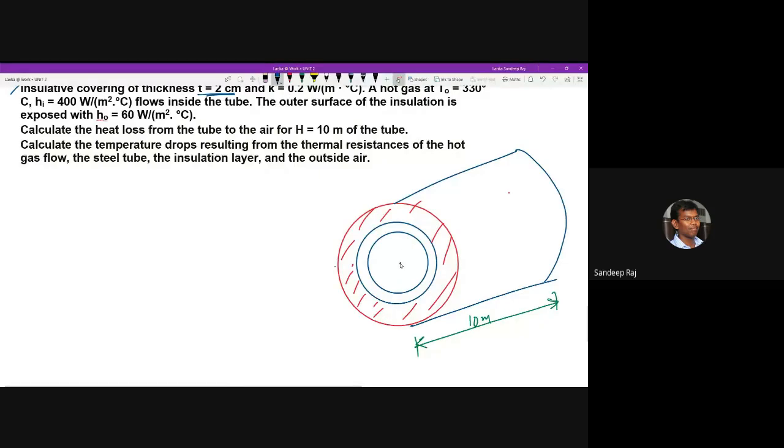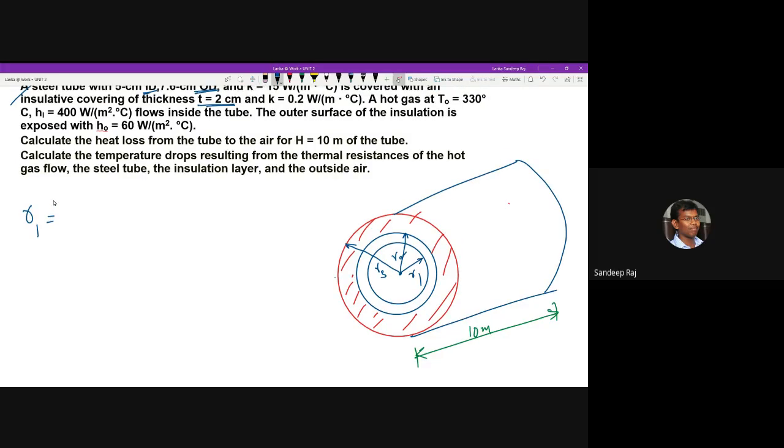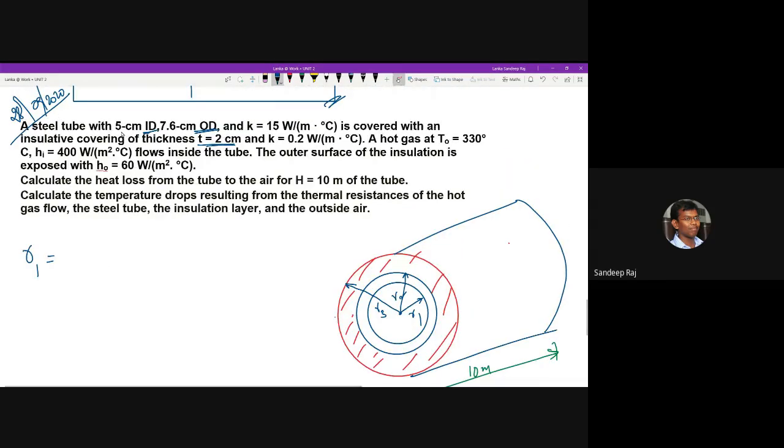So essentially there will be three radii here. This is R1, this is R2, and this is R3. The R1 value will be from the inner diameter. The ID is given. ID means inner diameter. It is 5 centimeter by 2, that is 2.5 into 10 to the power of minus 2 meter.